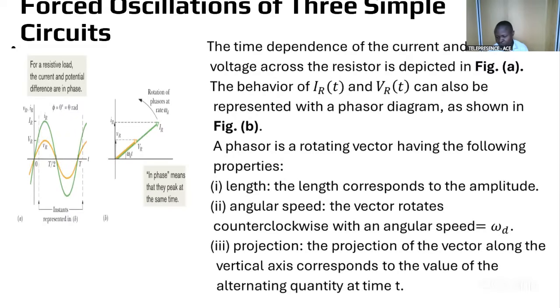For purely inductive, voltage leads current, that is, VL is greater than IL, or current lags voltage. In a purely capacitive circuit, current leads voltage by 90 degrees, that's pi over 2 radians, that is, IC is greater than VC. So in purely resistive, IR is equal to VR.